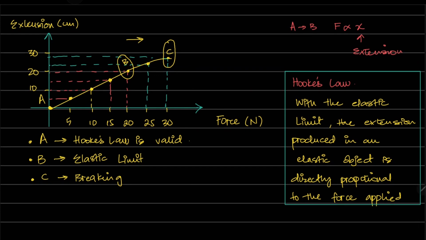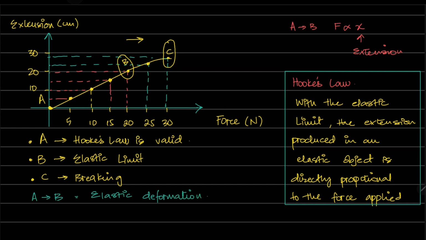If you want to further categorize or describe these different points, you can say that from point A to point B there is elastic deformation, where Hooke's law is valid.